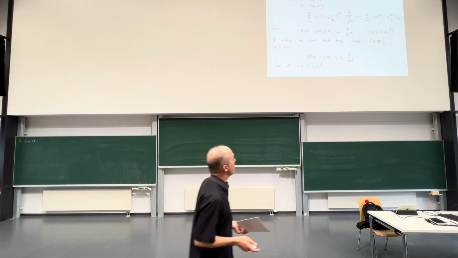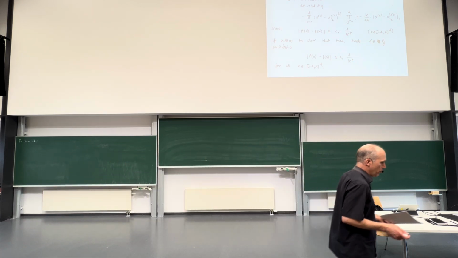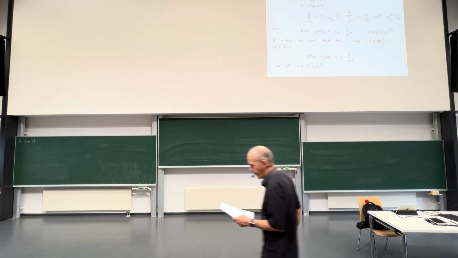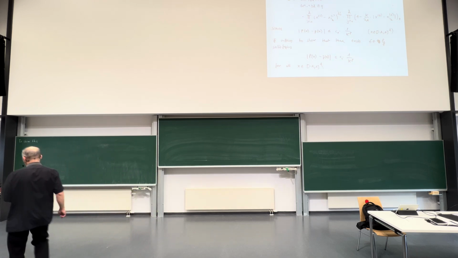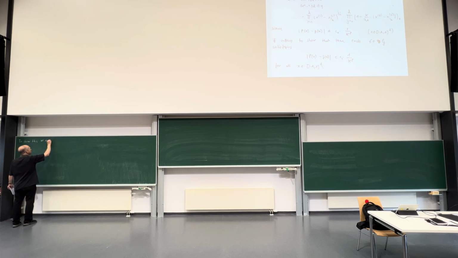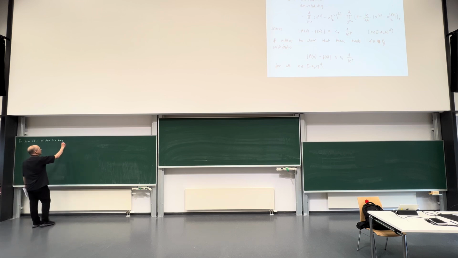So I replace 1 divided by k to the power p by 1 divided by k to the power p plus d. To show this, we show for any, and what do we need? We need k, one of the indices of the sum.